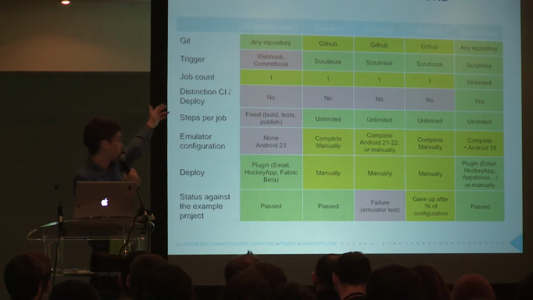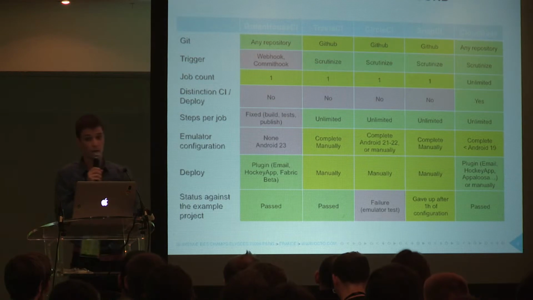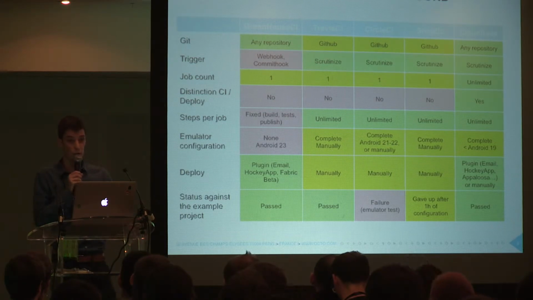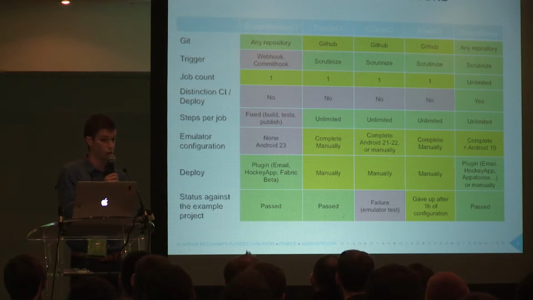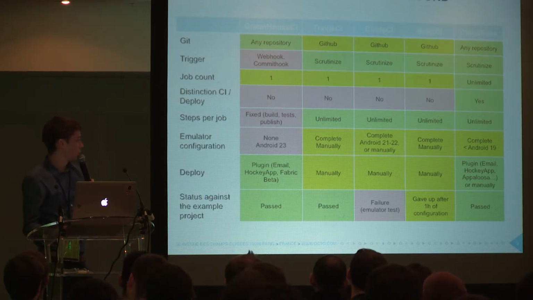So you actually cannot have a CI job and a deploy job, so you either do continuous deployment or you do not deploy. You cannot build an APK on your CI server, which is for me a very big limitation.